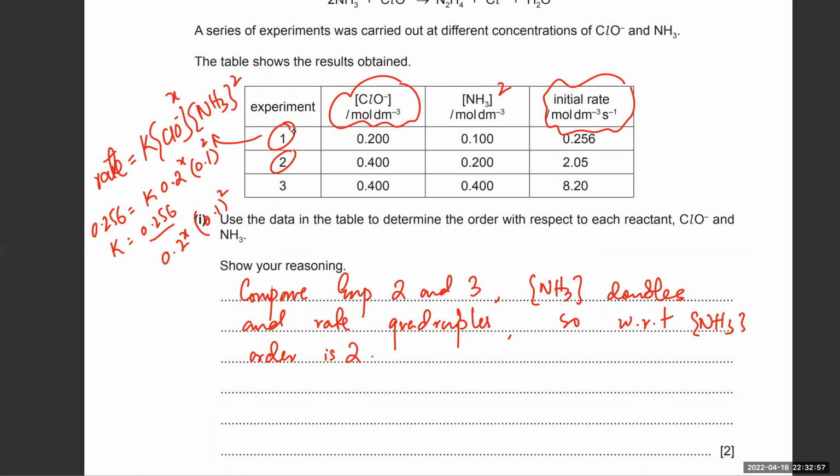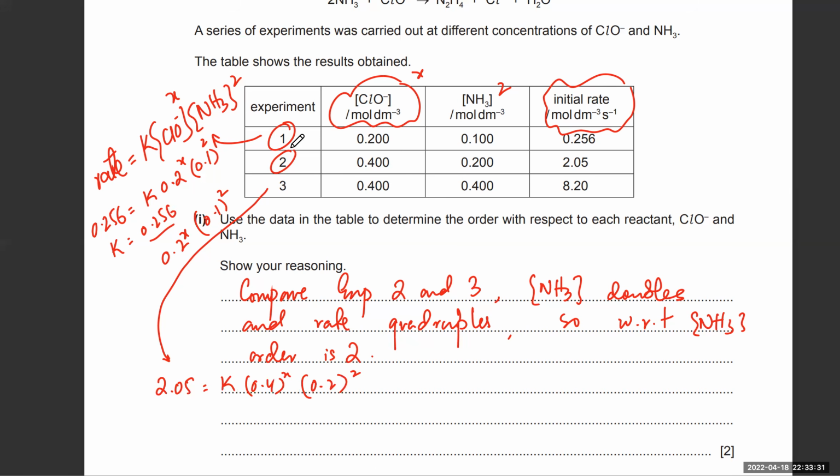Then we're going to use the data from experiment number 2 and put it in the same rate equation. So it's 2.05, that's your rate in experiment number 2, and it's K times ClO minus 1 concentration, which is 0.4 to the power X, times NH3 concentration, that's 0.2, squared.